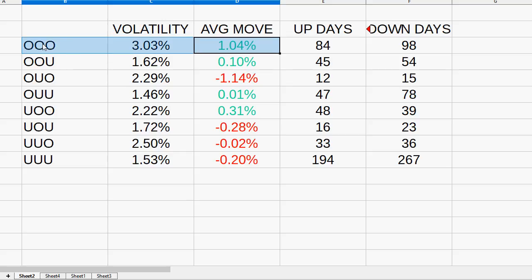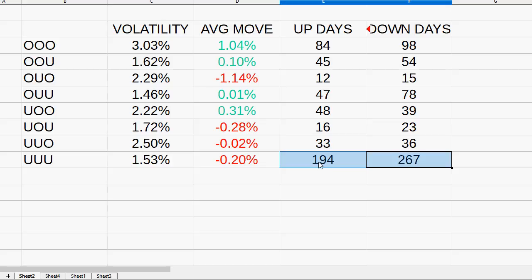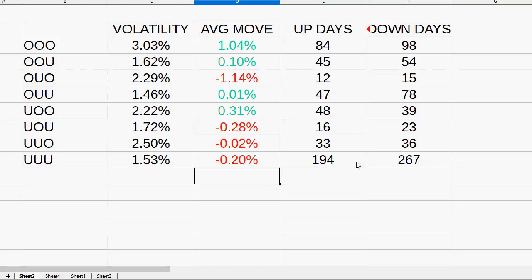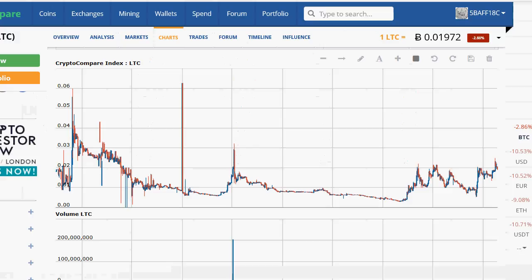However, it's great amongst this. Also notice how many days Litecoin has spent under all of its moving averages. Quite a few. This is since 2015, because when I received the data, this is the stuff I was looking at.